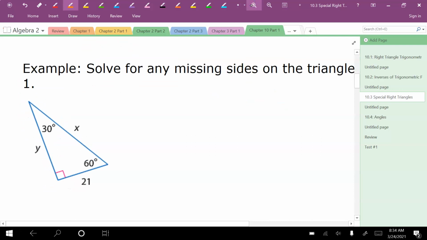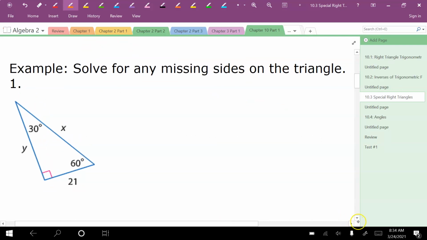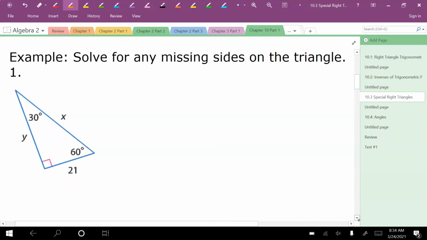So they want us to solve for anything that's missing on the triangle. And like I said, for these ones, they're going to start throwing in X's and Y's to represent the sides that are missing. Okay, so X is on the side of the hypotenuse, which is equal to 2 times my S value.